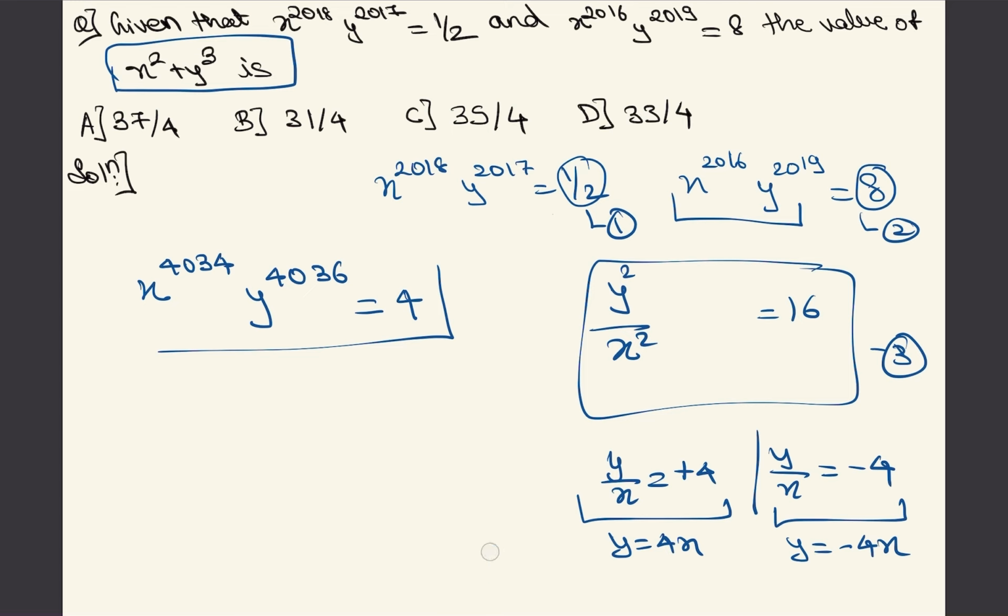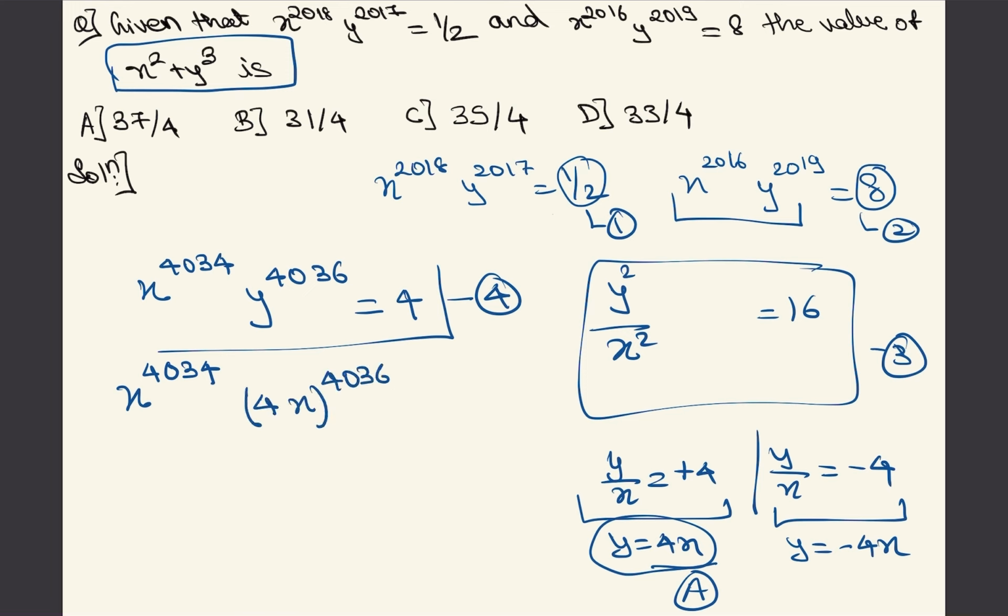So let's see. Let's put first, let's say case a, in equation number 4. If y is 4 times x, then x to the power 4034, y to the power 4036 is equal to 4.